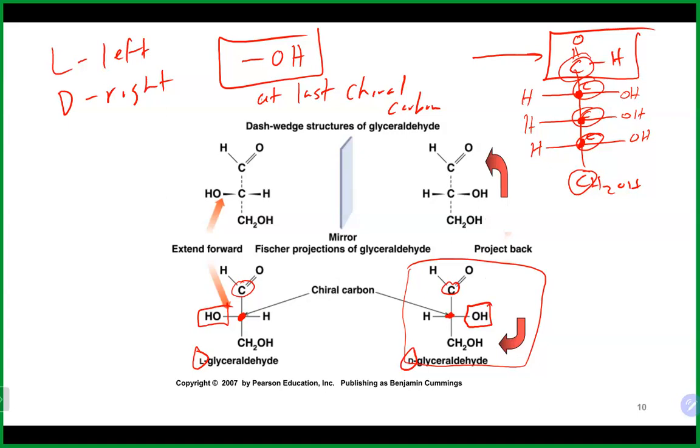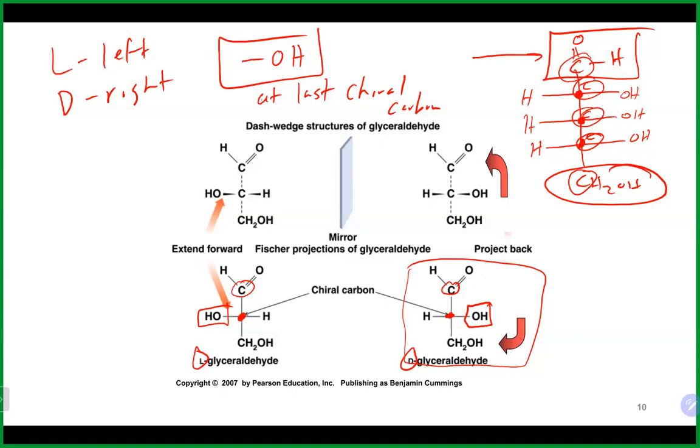I will say probably 9 times out of 10, you could usually find the last chiral carbon above this guy. If you see that CH2OH, it's usually not 100% of the time, but a lot of times the last carbon right before it is your last chiral carbon. And that's usually the one that you would look at to determine L or D in terms of the carbohydrate, as to which side that OH group is on.